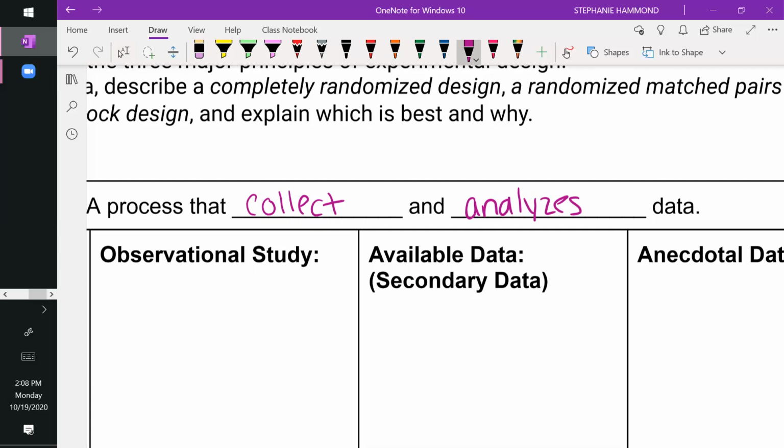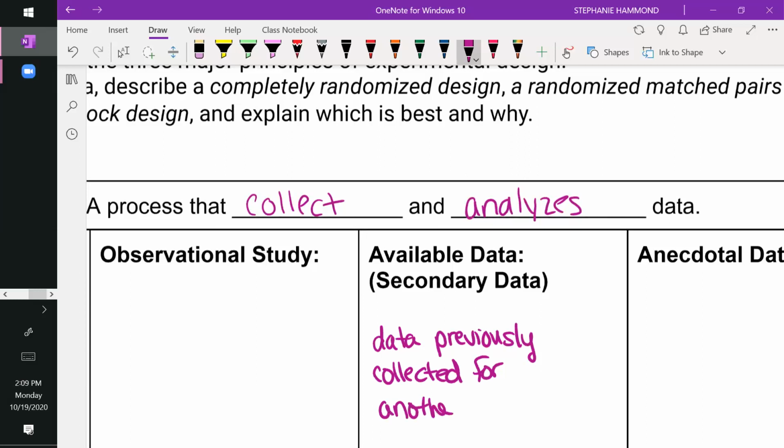So here I would write available data is data previously collected for another purpose. And there's lots of places we can go online and get old data to use in new studies.